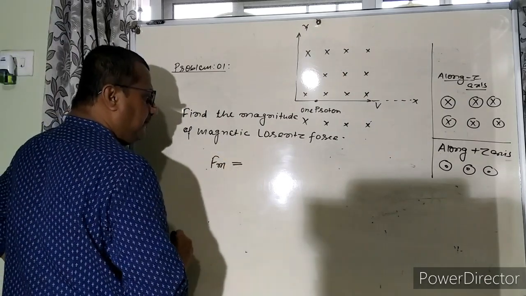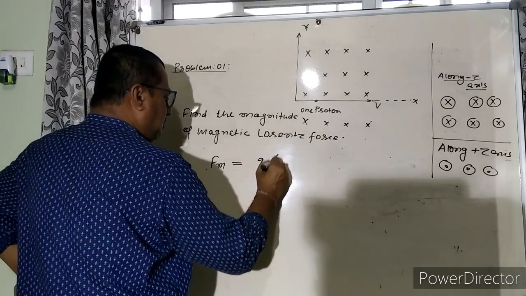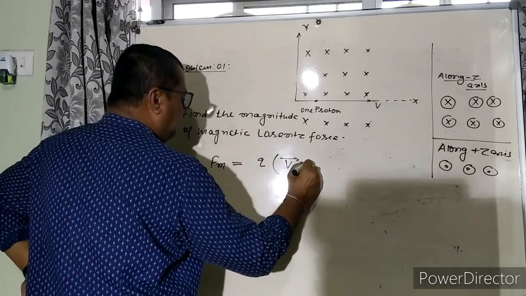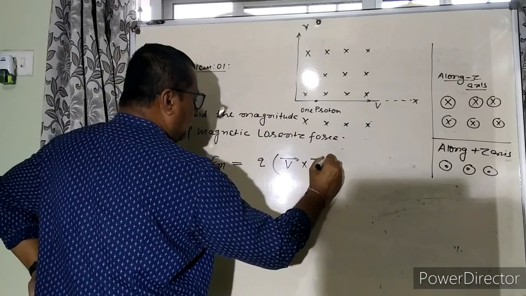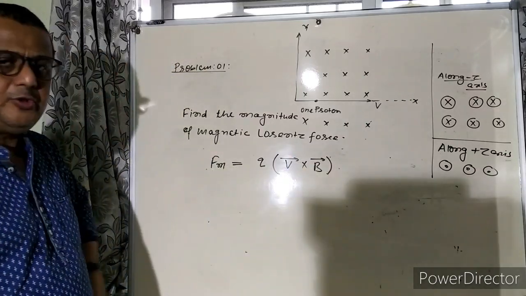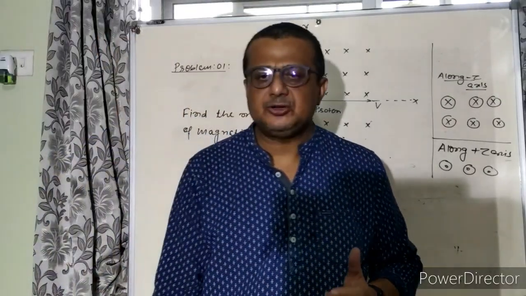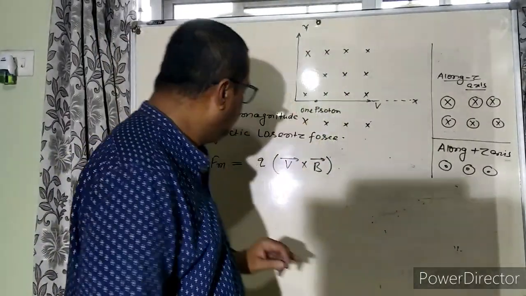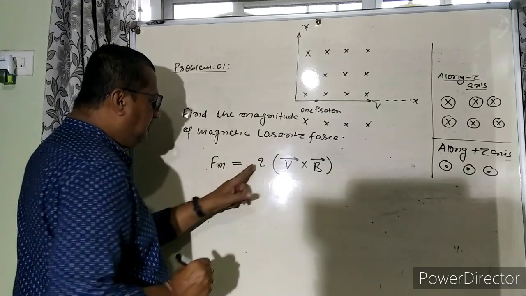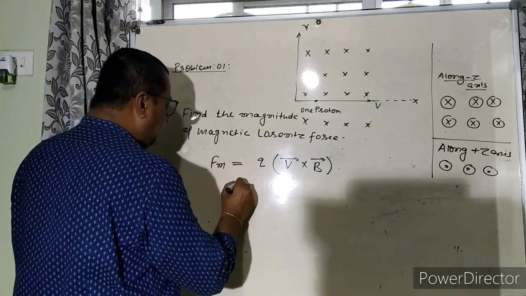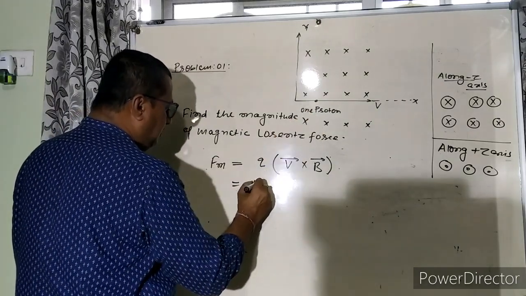So the magnetic Lorentz force is equal to Q V cross B. Q equal to NE, from the first chapter you have done in quantization of charge. Here N equal to 1 because one proton is here.